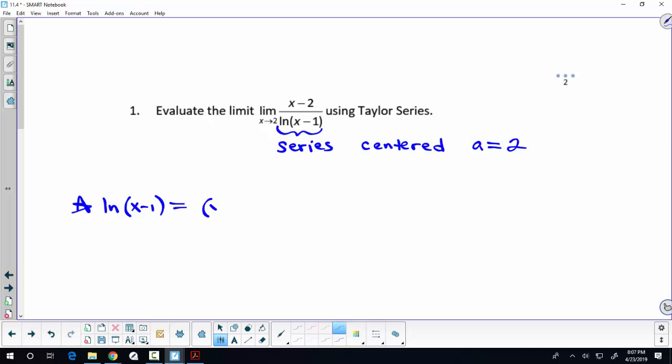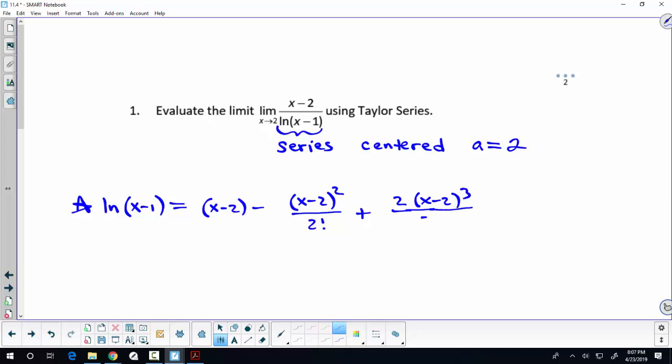You come up with x minus 2 minus x minus 2 squared over 2 factorial plus 2 times x minus 2 cubed.